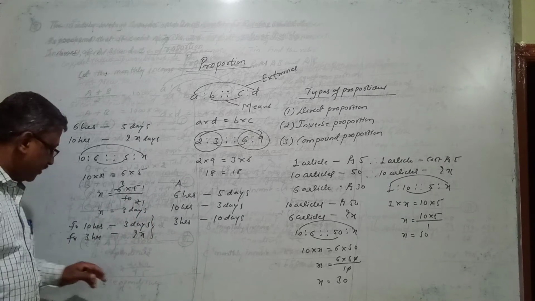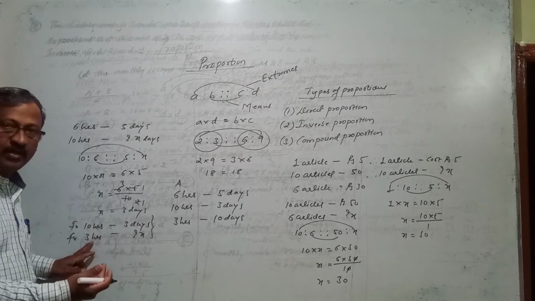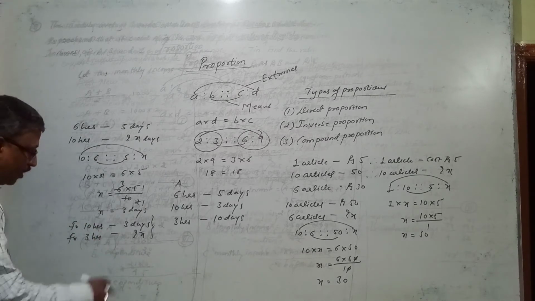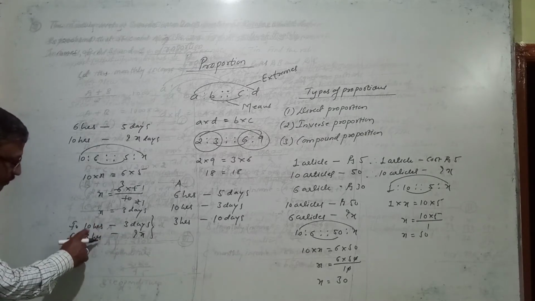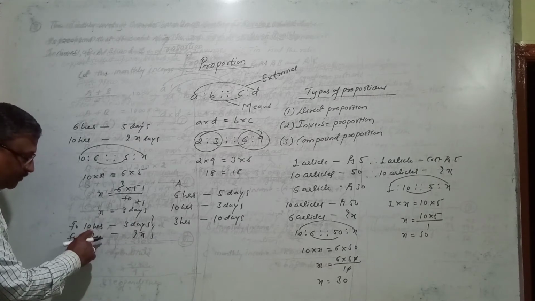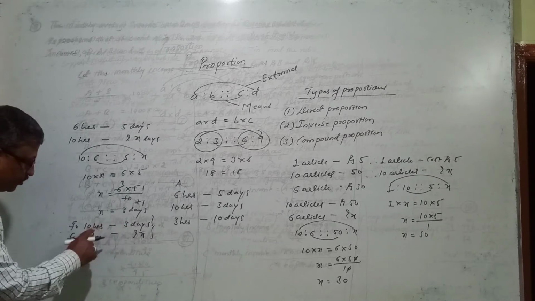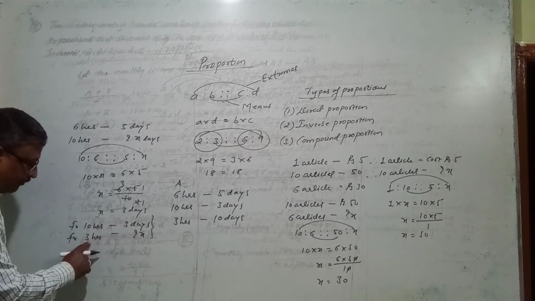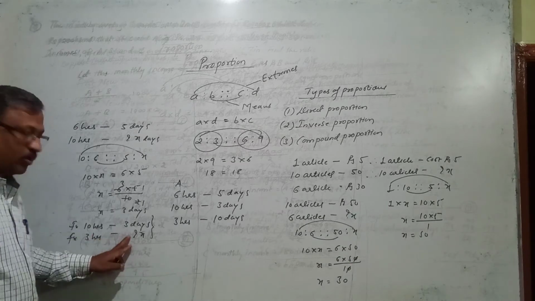And now you have to see whether the number of hours is in direct proportion or in inverse proportion. So let's check whether it is inverse or direct. First you compare hours with the number of days. If he works for 10 hours daily, to complete that work, we know 3 days are required. Now instead of working 10 hours daily, if he works 3 hours daily, how many days will it take to complete that work?